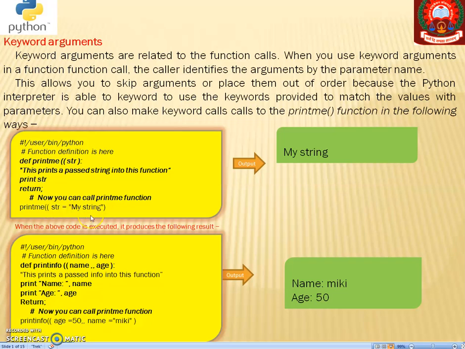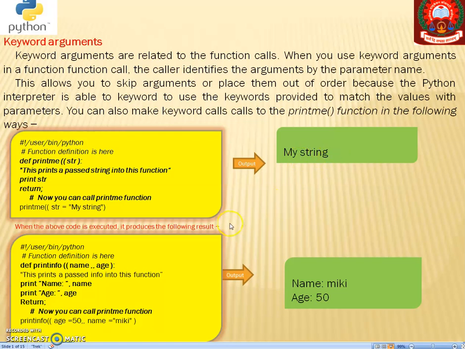So when you give the value to the particular parameter, this will get executed, it will print the value, and this is referred to as a keyword. It will produce the output my string.